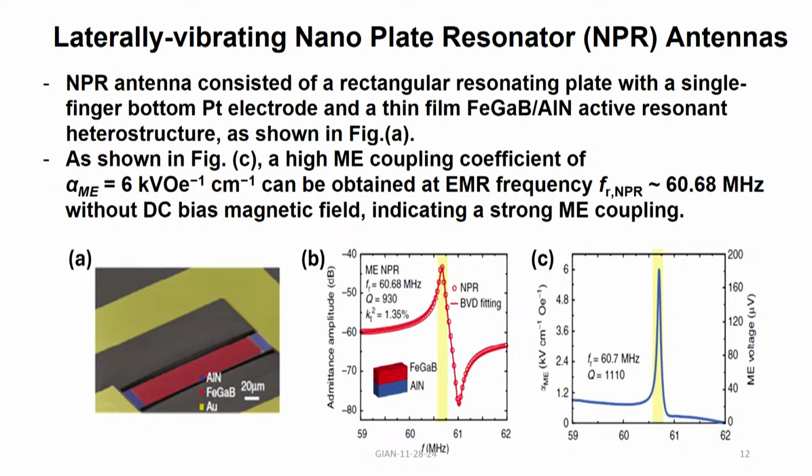This is where the magnetoelectric voltage coefficient peaks at the mechanical resonance. In this case, it is lateral acoustic mode, and the frequency of this is about 61 megahertz.